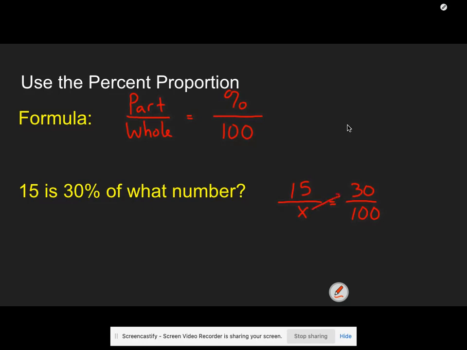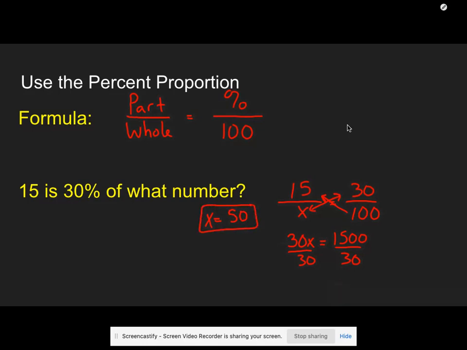So I'm going to cross multiply, and I'm going to put 30x equals, then I'm going to cross multiply here. Well, 15 times 100 is 1500. Now I'm going to divide by 30 on both sides to get x all by itself. Then when I do that, x equals 50.